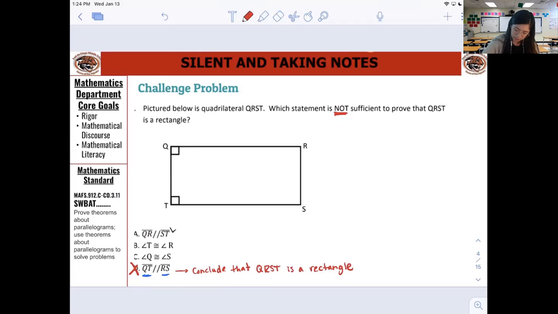So C is saying that Q is congruent to S. So what would that make S? 90 degrees. Okay, so we know now that this one's also 90 degrees. Well, if 3 out of the 4 angles are 90 degrees, remember, for any quadrilateral, the angles add up to what?